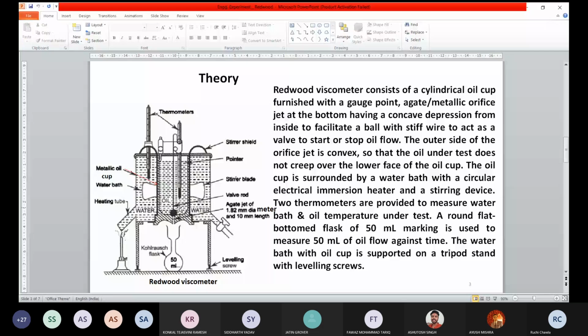So it is going to be something that will be enclosing the oil cup completely, with paddles, and then there will be a lid placed on the cup. Then there will be another mechanism, in fact a stand for placing the two thermometers. This has been shown very clearly in the video that has been uploaded. So this can be separated, and because it is enclosing the oil cup, I think that is why it is being called the stirrer shield.